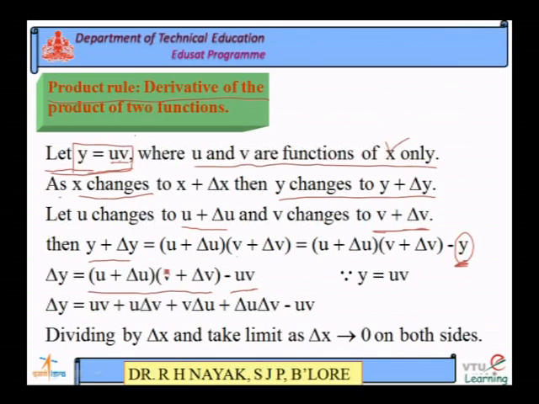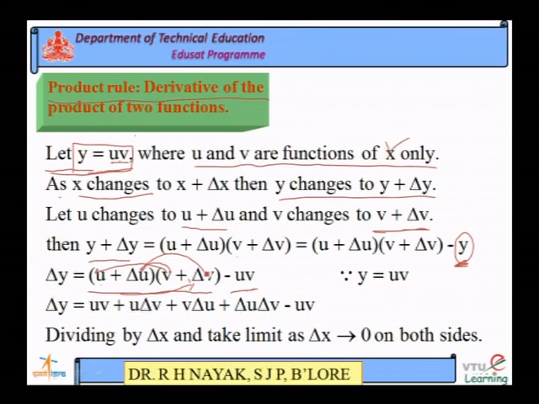See, u into v, uv plus u into delta v. U is multiplied with v, that is uv, u is multiplied with delta v, that is u into delta v. At the same time, delta u is multiplied with v and delta u is multiplied with delta v.